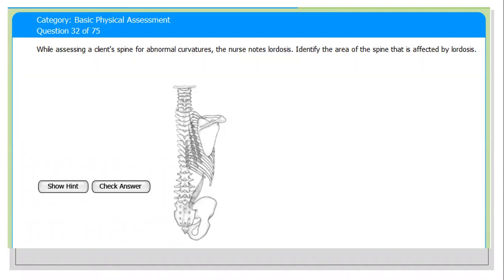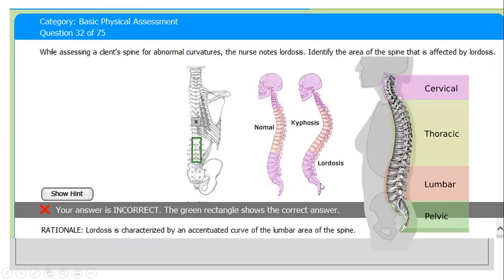Lordosis, kyphosis, and scoliosis are spine curvatures that can cause pain or discomfort. The examiner is asking you to find out which is the lordosis. The correct answer is the lumbar spine, right?